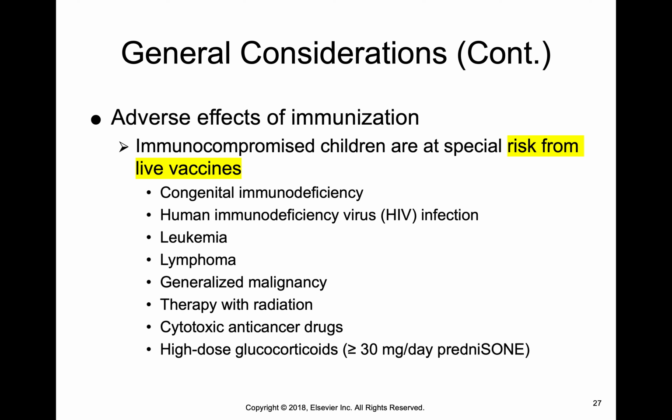So look for any congenital immunodeficiencies, HIV, leukemia, lymphoma, if they've had radiation recently, if they're on chemotherapy, or if they're on high-dose glucocorticoids. High dose is typically defined as 30 milligrams or more a day of prednisone, but certainly even more than 7.5 milligrams of steroid a day starts to affect the immune system.